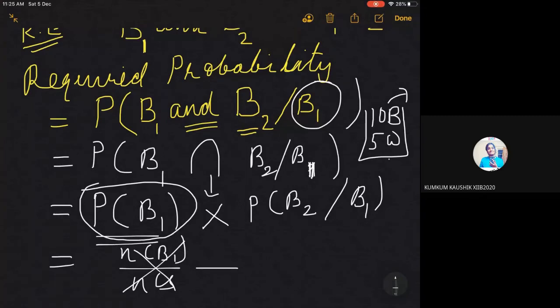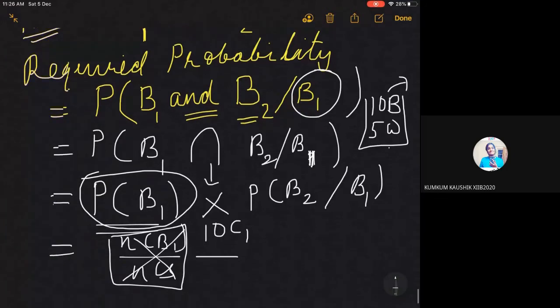One black ball is taken from how many black balls? From 10 black balls in 10C1 ways, because selection is a combination problem. 10C1 means one at a time is selected from 10 distinct objects. It can be done in 10C1 ways. And this is the formula, applying the classical definition of probability: number of elements of B1 divided by the number of ways of selecting one ball.